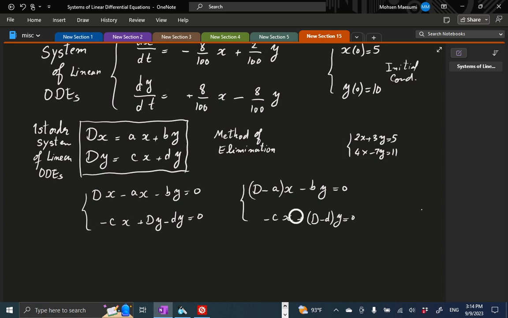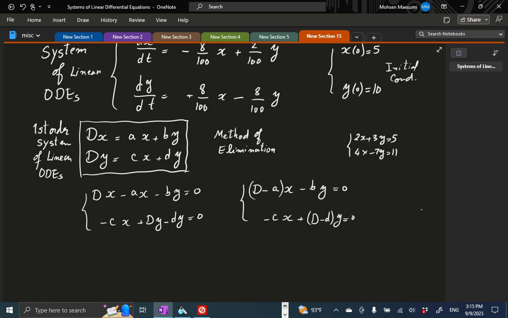So this is a system of equations, pretty much like what we had in high school and such. And we can do elimination or substitution exactly like how we used to do in high school. For example, I can multiply this equation by c and this equation by D minus a in order to cancel x. We can decide to eliminate x, or we can decide to eliminate y.